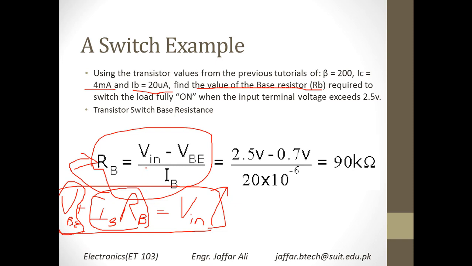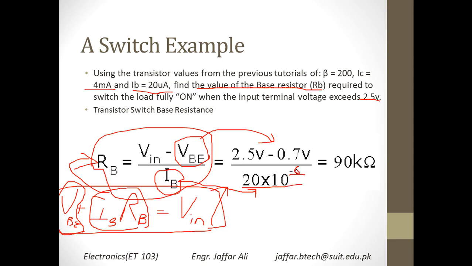Once you get this equation, you can easily put in the values of the different variables that are already given to you. The value of Vin is 2.5 volts, and this value you already know is 0.7, because this is a junction, and a junction drops 0.7 volt in a silicon or germanium device, and this IB is given as 20 microampere. So 20 times 10 power minus 6, because this is micro.